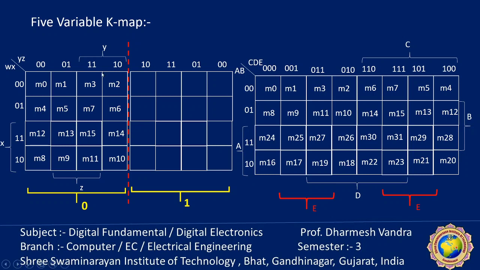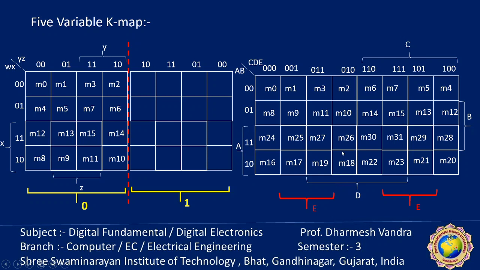Next is 0 1 0, which occurs for the first time. After 0 1 0, the next bit can be changed: 1 1 0. After 1 1 0, only one bit is changed: 1 1 1. Then the MSB changes: 1 0 1 and 1 0 0. So this is the 3-bit Gray code sequence, where only one bit changes in increment or decrement.